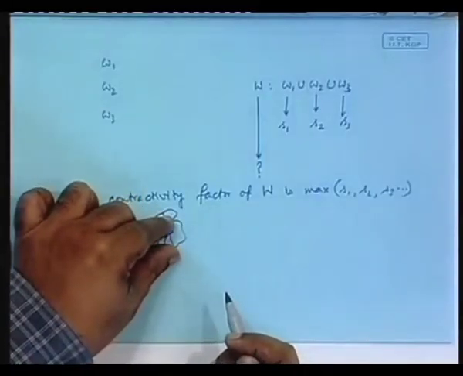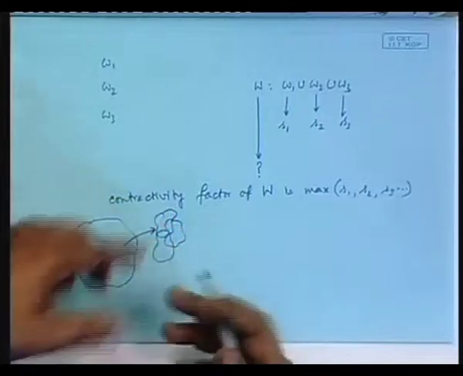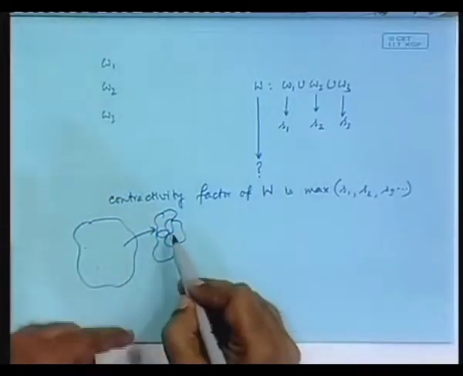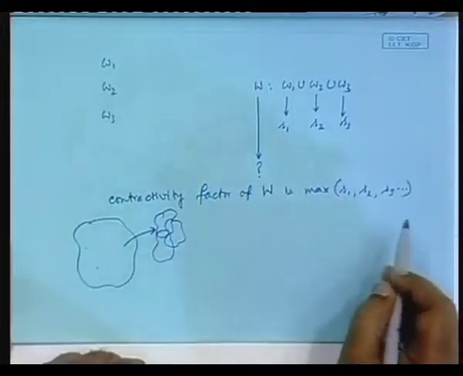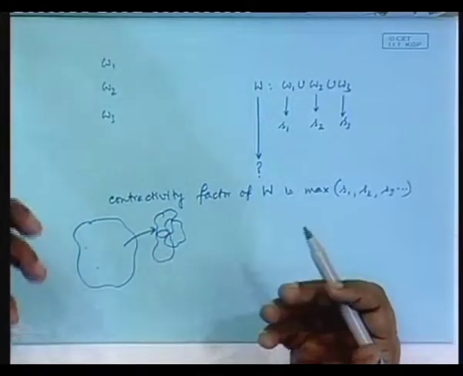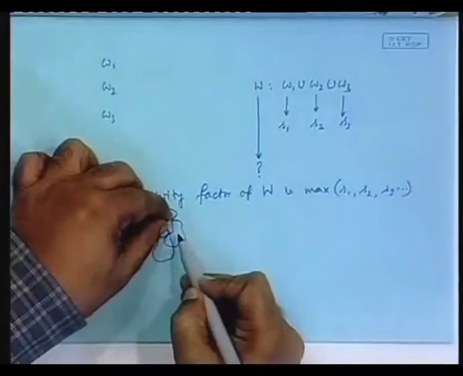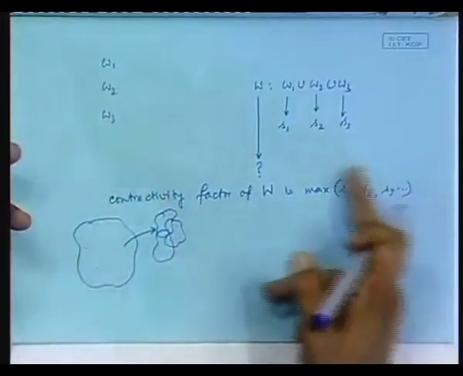The contractivity factor is given by the distance between points in that set, and that obviously will, in some cases, have the contractivity given by S1, in some cases by S2, but ultimately if I ask what is the maximum contraction between points, that will be the maximum of all these.